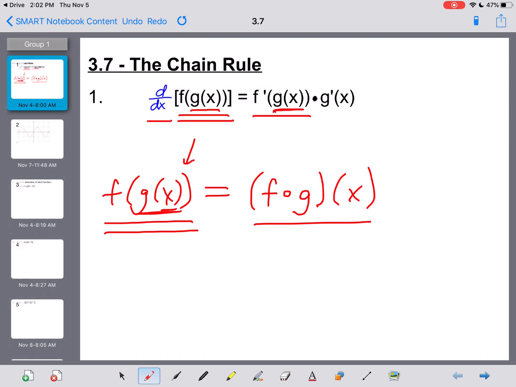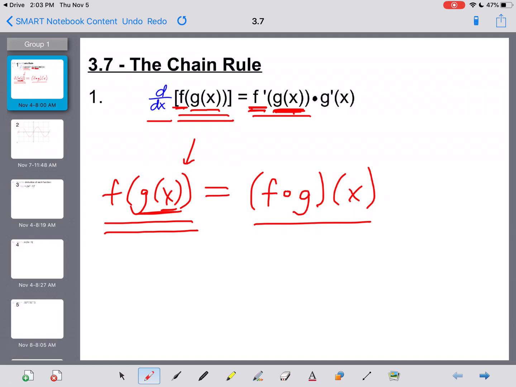But what's different is that the f, which was the outer function, that now gets differentiated. So we're taking the derivative of the outermost function first, but leaving the innermost function, the g of x, exactly the same. And that's a phrase you're going to hear me say a lot within this section, although you've already heard me say it a little bit earlier on in this chapter. The inner function stays the same.